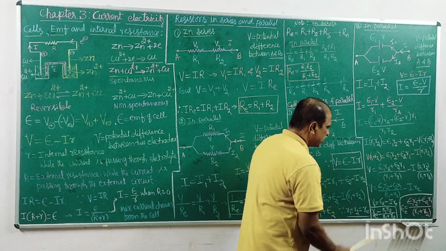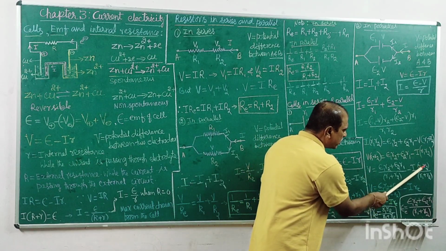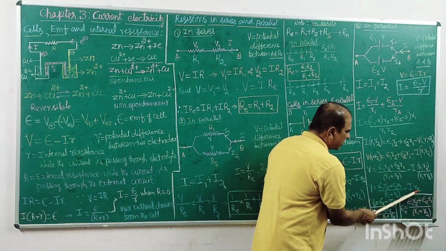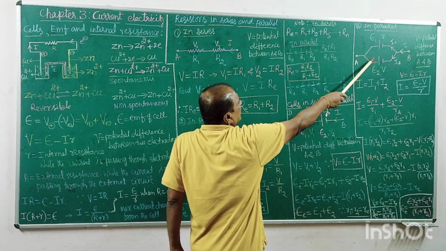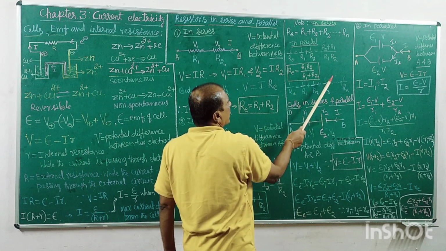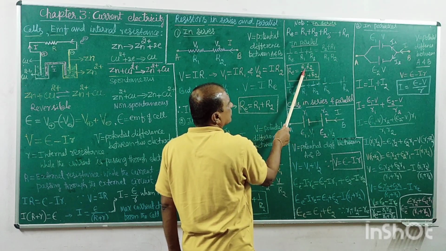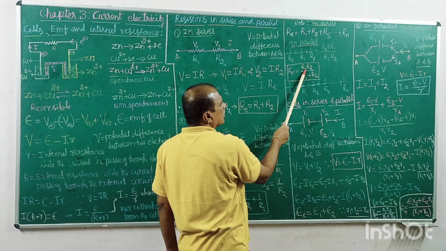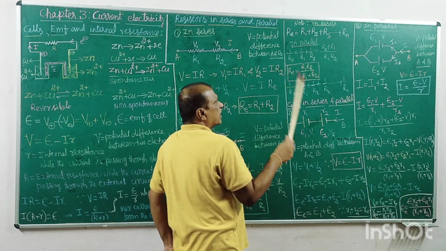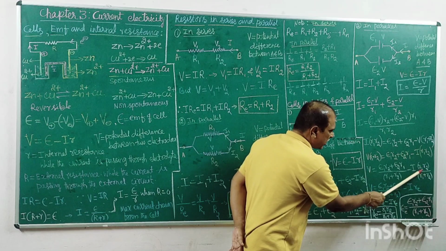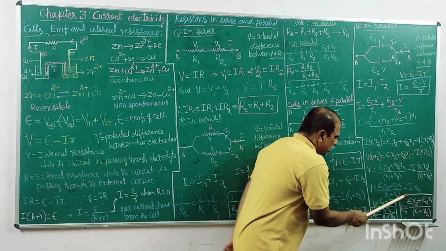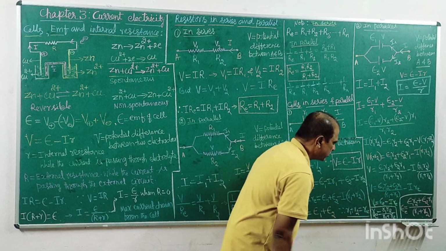Here we have R1 R2 by R1 plus R2, which is the effective resistance for resistors in parallel. Whether it is a cell or some other resistors, the same thing you write. This is RE. So this is the final equation.